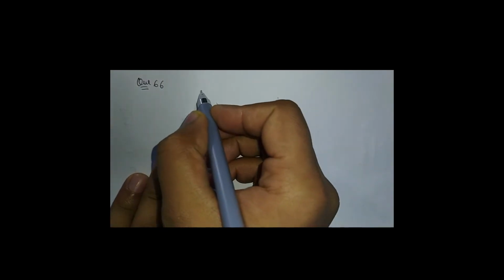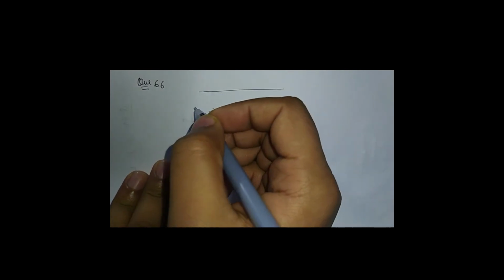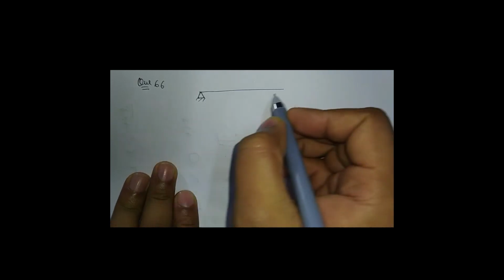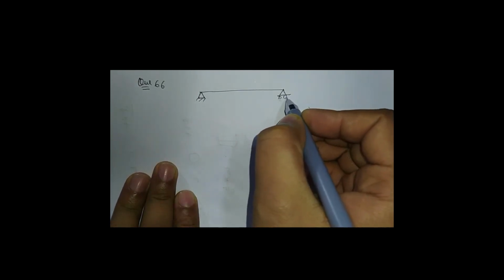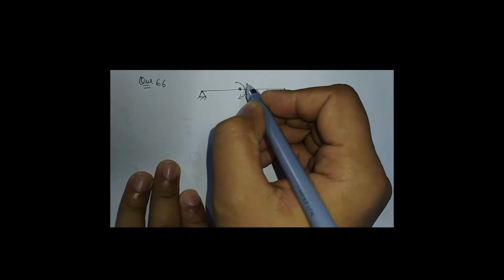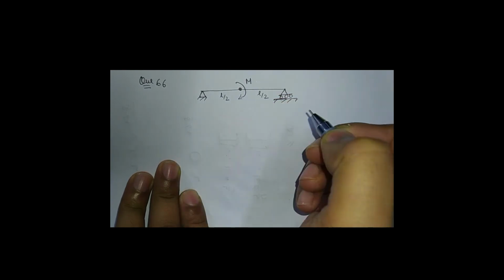Question number 66. It is a simple problem, as we all know how to solve the bending moment and shear force diagrams. This is a hinge and this is a roller, and this is the moment at L by 2 and L by 2.